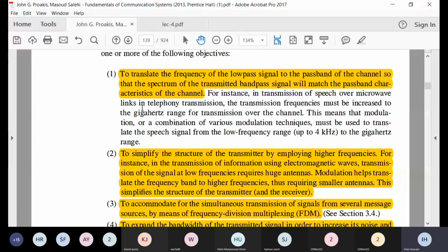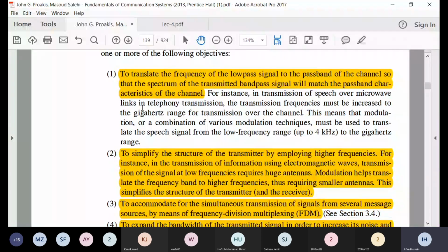Now let us say my speech signal is only 4 kilohertz, but there are thousands of other users who are also communicating with one another through audio. So I will put all their signals in one channel, in one high frequency microwave link of, let us say, 1 gigahertz, which can accommodate a very large number of 4 kilohertz channels.